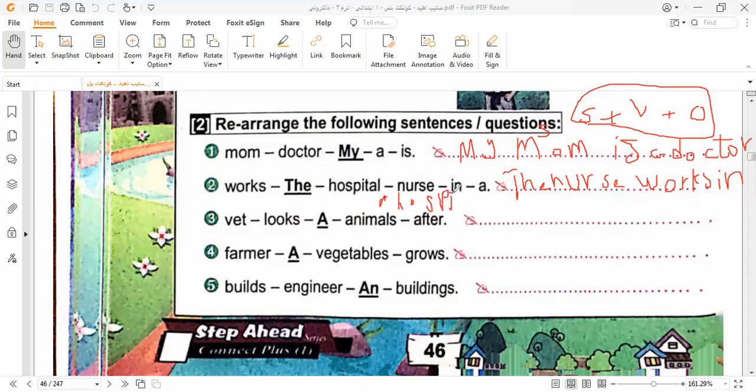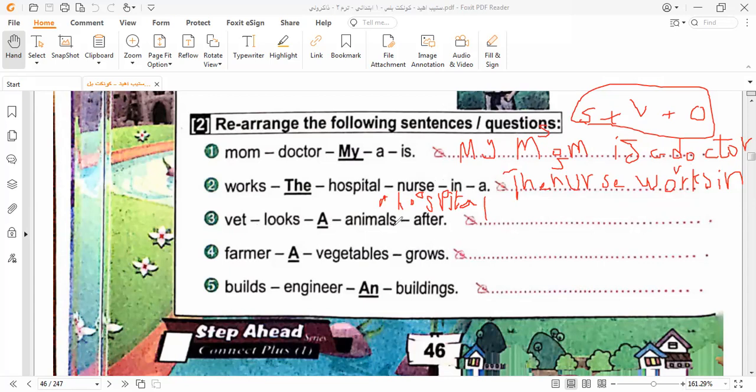The nurse works in a hospital. So the nurse works in a hospital. This is subject, verb, and object. Okay. Let's go to another one.